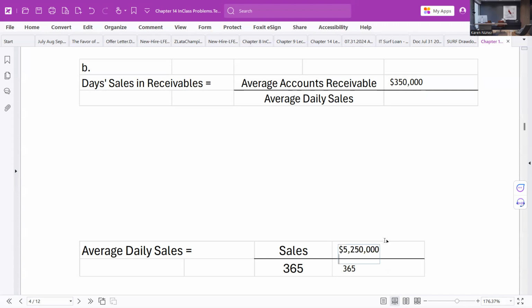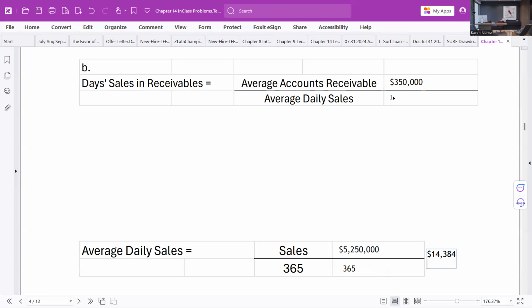Well, the 5,250,000 divided by 365, on average, we've got sales that are $14,385. Given our total sales of 5,250,000 and 365 days in a year, on average, we sell $14,385 worth of sales on a given day.